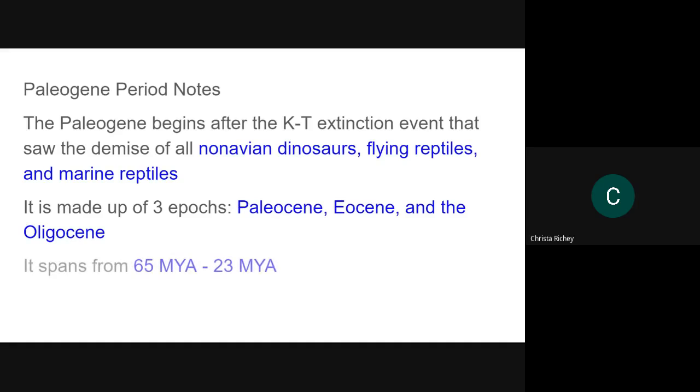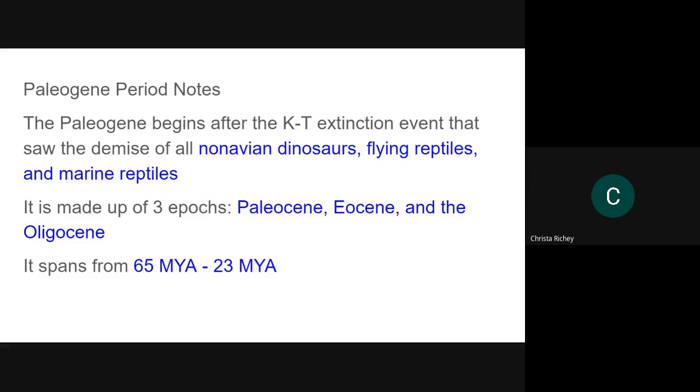The crocodilians are not dinosaurs, they're older, and they made it through specifically because they were more of an aquatic type of lizard. Your flying reptiles and marine reptiles had already gone extinct. In fact, with the exception of the largest of the pteranodons, they were already extinct by the time the asteroid slammed into the Earth right off the coast of the Yucatan Peninsula.